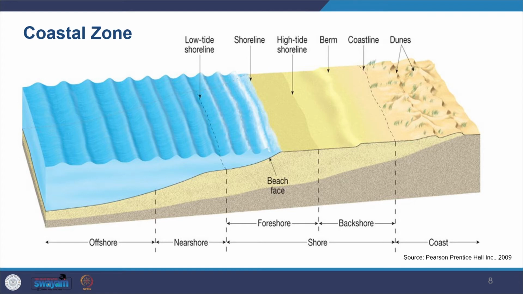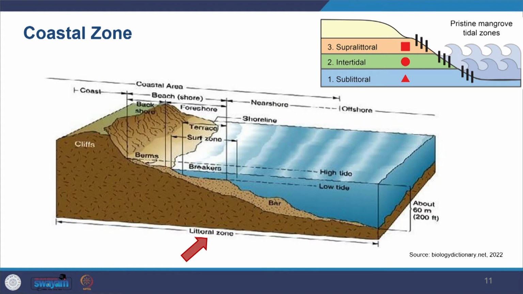So looking at the supralittoral term. So supralittoral is above the high tide mark and is usually not underwater. So you can see in the image that the area shown by the arrow is the area we are talking about. And then you have the littoral zone, which is the part of the coast that is exposed whenever the water level is low, and it's submerged when your water level is high.